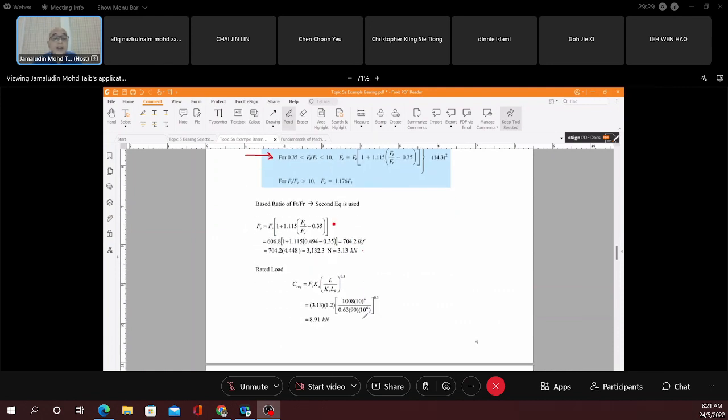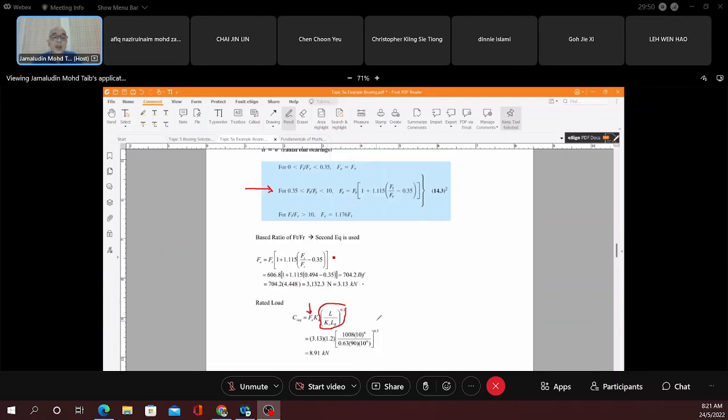Okay, this is what I mentioned here. This is going to be the same regardless of the type of bearing. This value is going to be the same. This ball radius is going to be the same, except for the difference only in the equation here, which equation you use to find the equivalent.